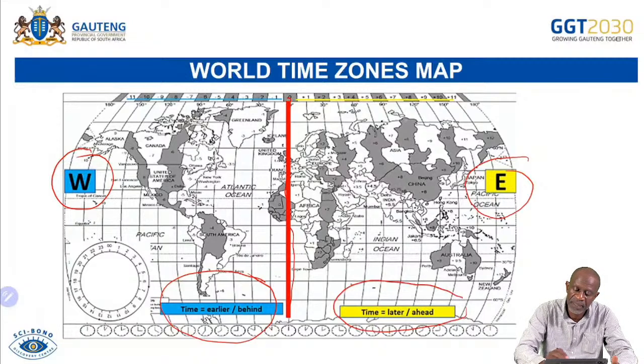So the eastern countries will see a new day before countries located on the western side of this map, which, as we said, the UTC divides the Earth into eastern and western hemispheres.